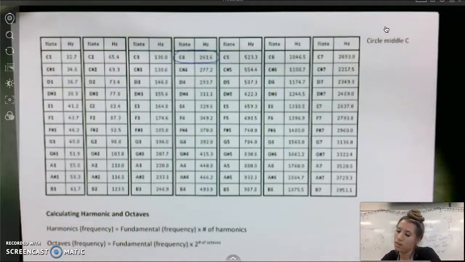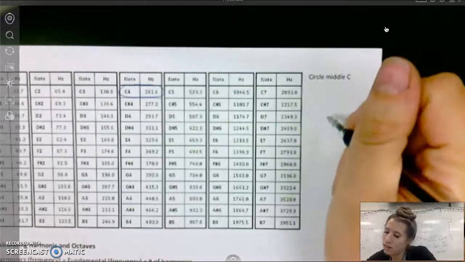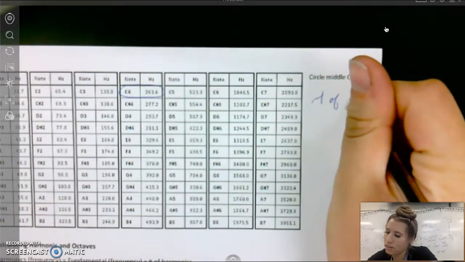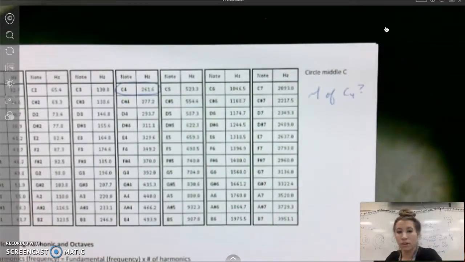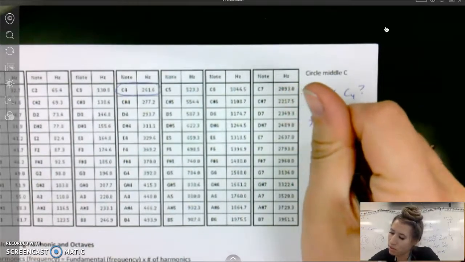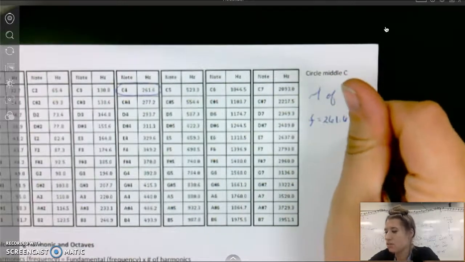So let's try something out. What is the wavelength of middle C? We know the frequency from this table, it's 261.6 hertz.